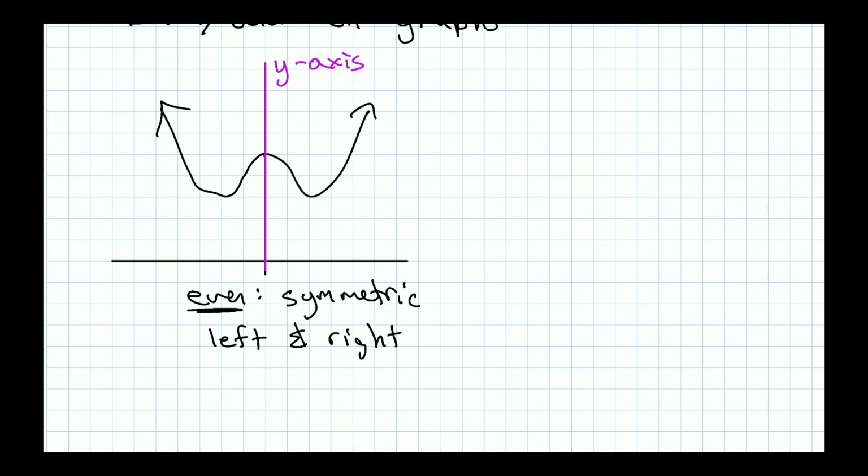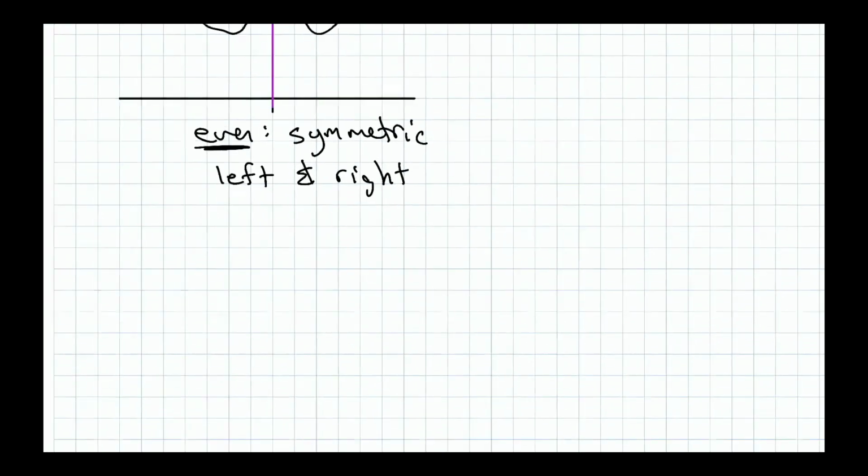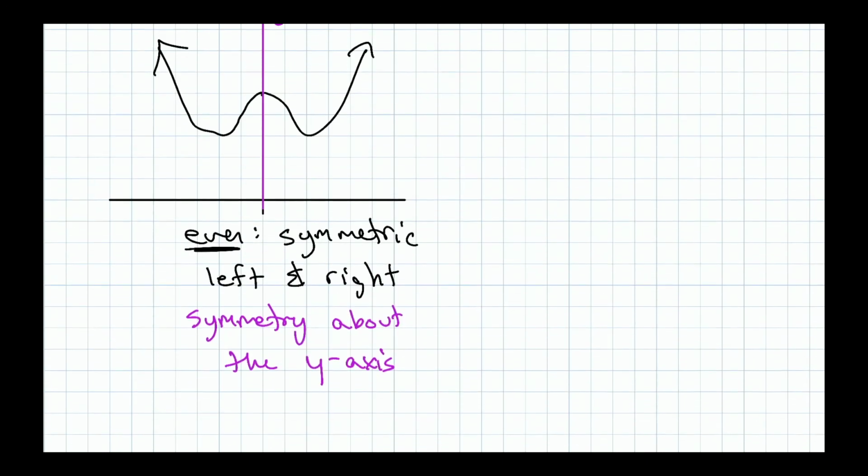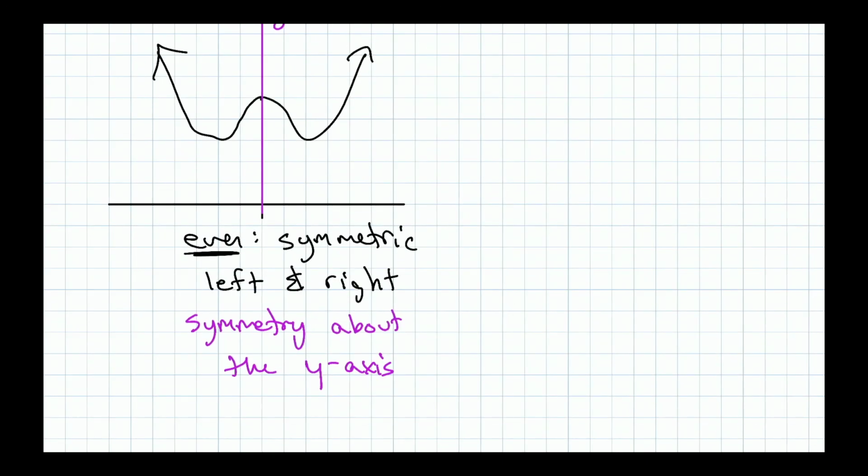And so we would say that this function is symmetric about the y-axis, right? Because that y-axis is where it's a mirror image. So I say symmetric left and right, but that is symmetry about the y-axis.